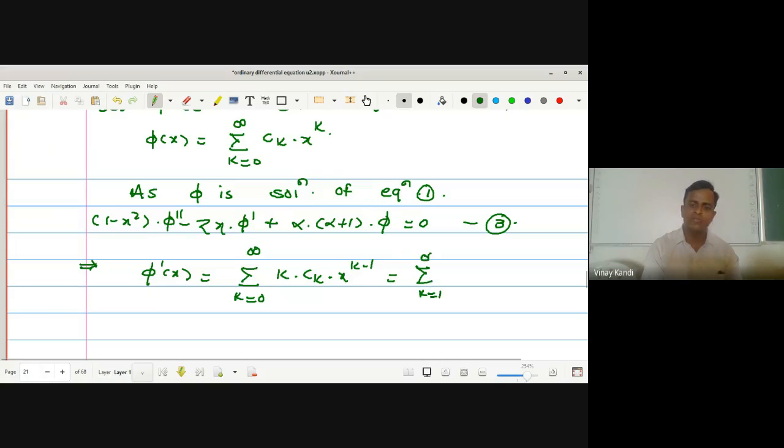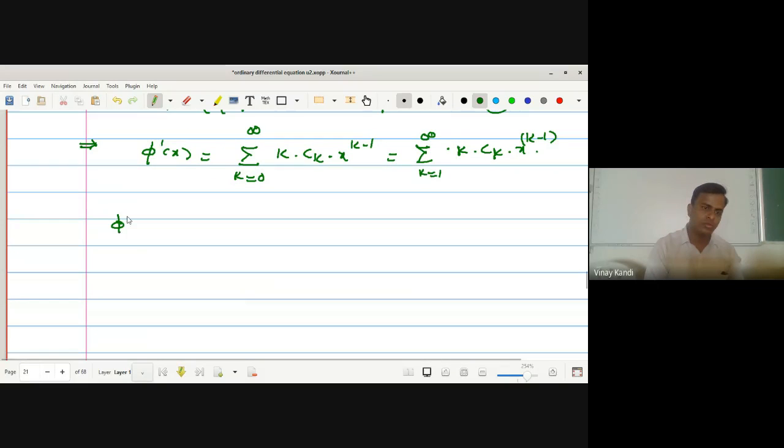Now phi double dash of x is equal to summation k running from 2 to infinity k into k minus 1 into ck into x raised to k minus 2. The first term and second term will be 0.